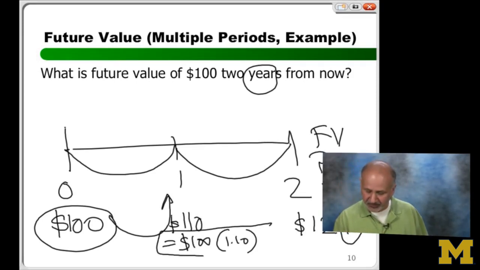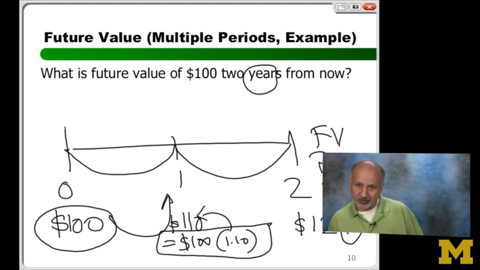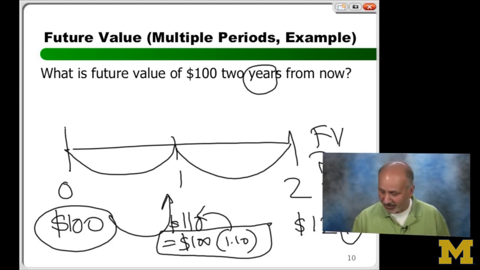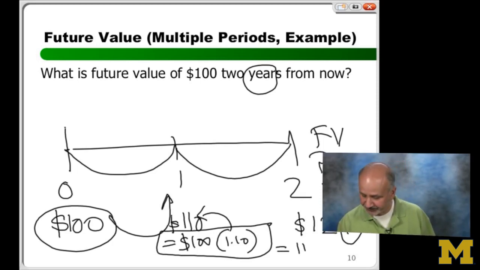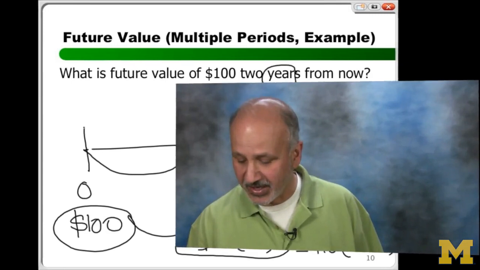So what will this amount, which is 110, be after 1 year? And what will you do again? You will take 110, multiply again by 1.1. And that should give you an answer of 121.